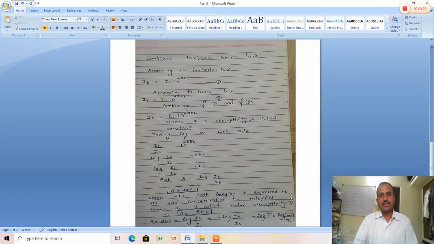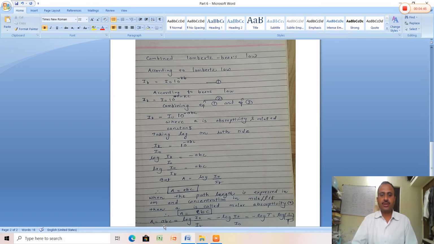So that is the Lambert-Beer's law. This is the equation for the Lambert-Beer's law, and it is finally put forward in different equations. Capital A is equal to abc, that is equal to log of I0 upon It. So log of I0 upon It is naturally capital A, that is absorbance.